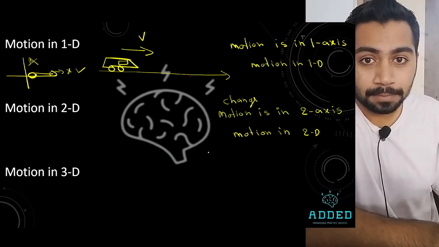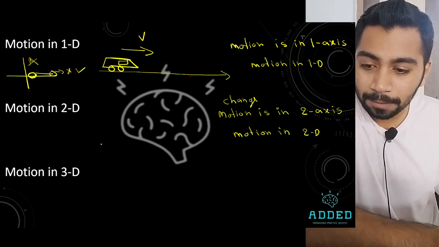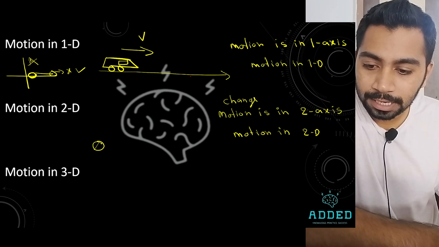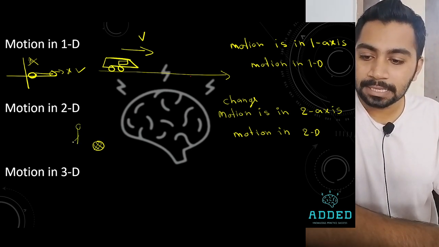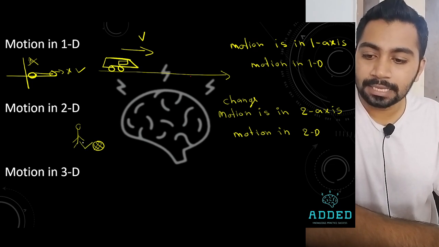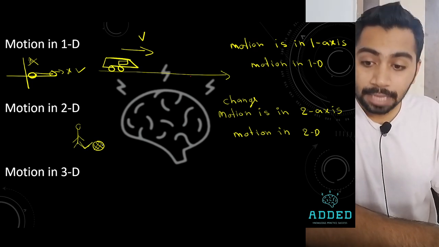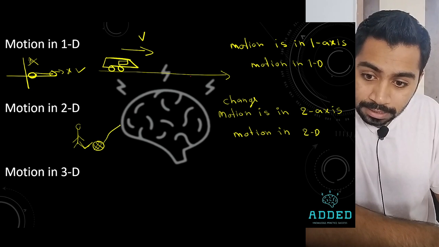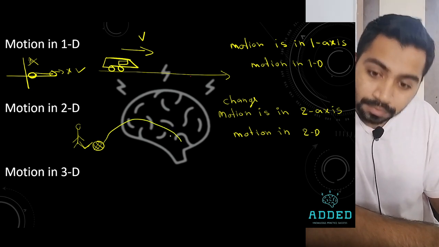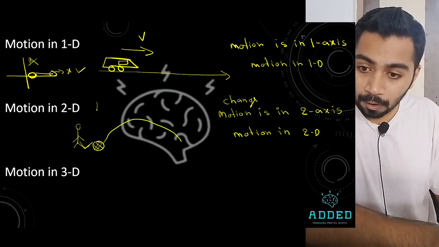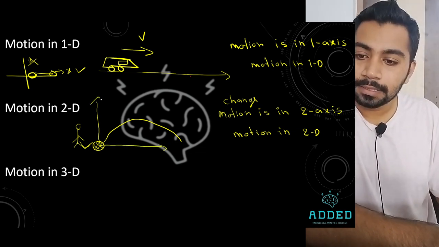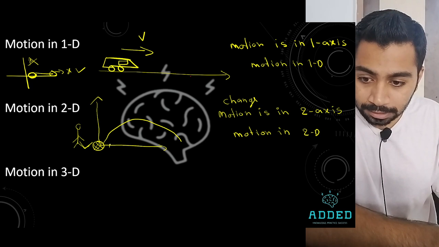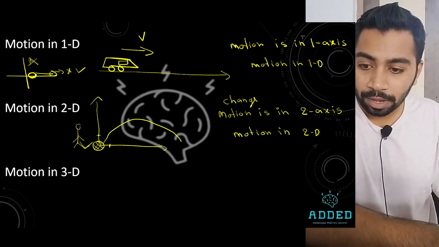Okay, what is an example? Let's say it is a football. Now a person is kicking this. Now this football moves like this, right? Now if I draw the axes, see here, at this point x-axis changing, y-axis changing.